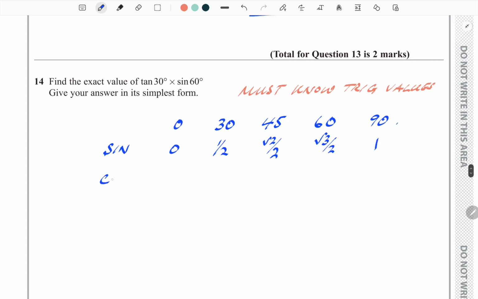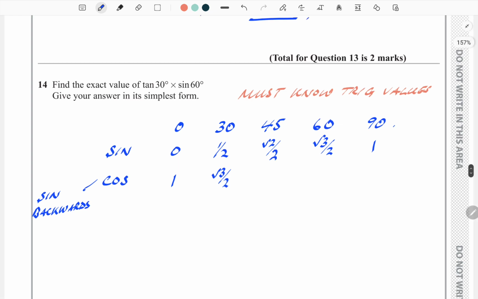Now, the trick is, for cos, you actually do the sine values backwards. That means cos of 0 gives you a value of 1. Cos 30 is root 3 over 2.